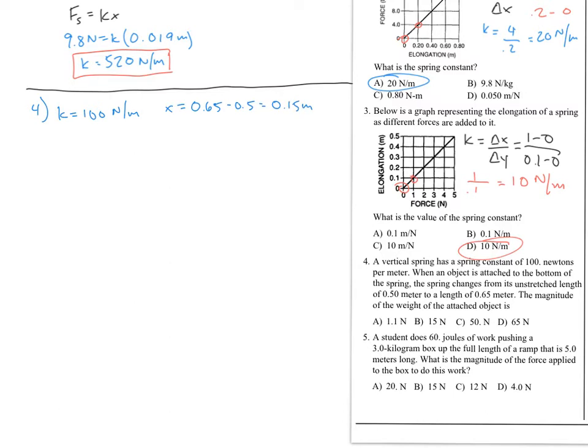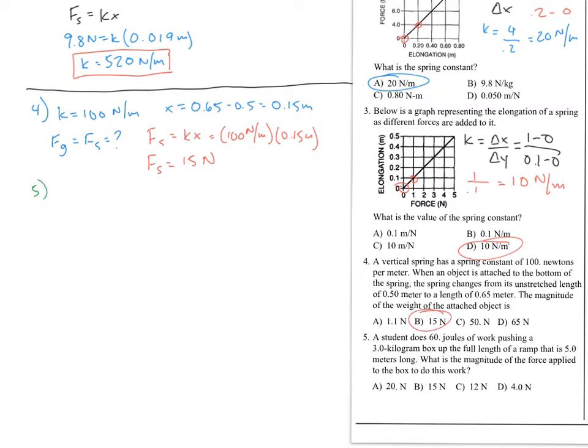And we're looking for the weight, which is the same as the spring force. Okay, so F of s is equal to kx, which is equal to 100 times 0.15 meters, and that is going to give us 15 newtons. Okay, so that's choice B.